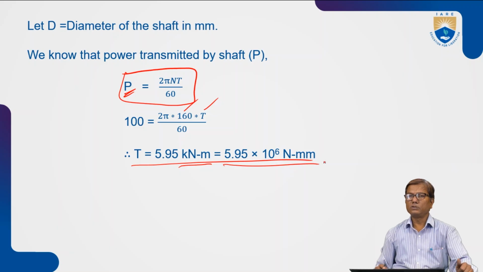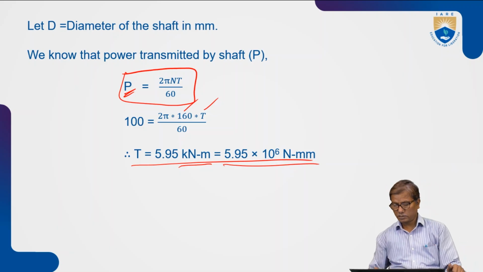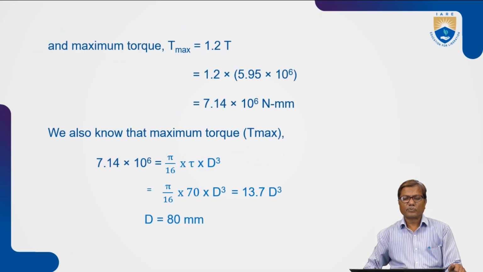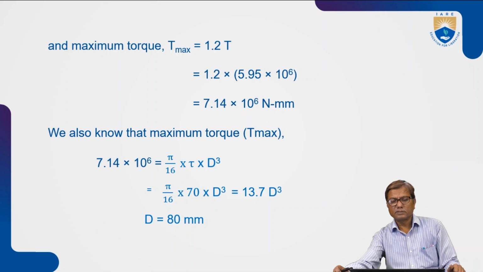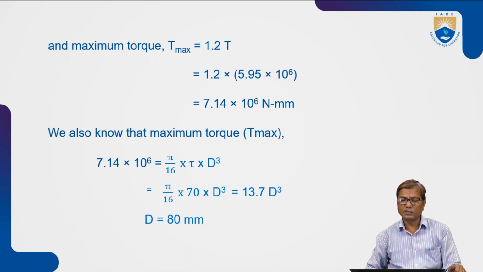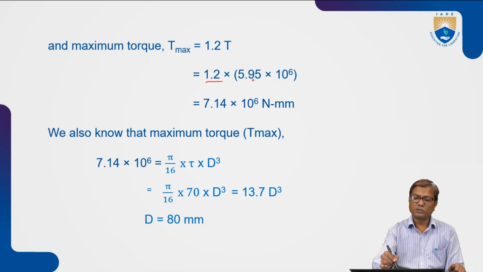So convert that into Newton millimeter, multiplying with 10 power 6. Now, maximum torque is given as 1.2 times the mean torque.